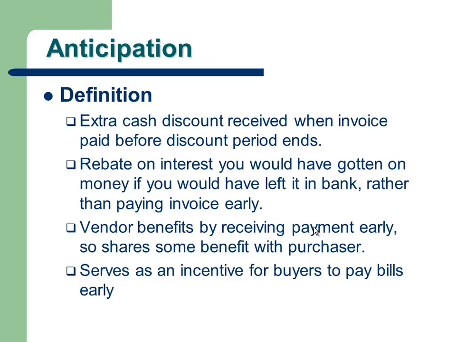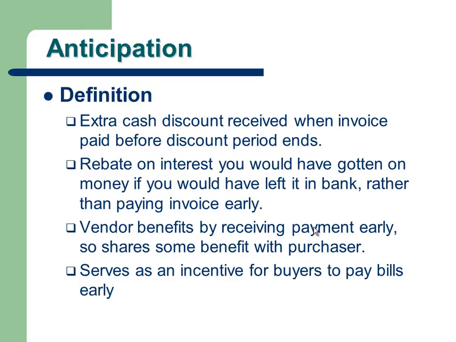So the vendor has the need to get the payment early, although the vendor might have given a long cash discount period and long net amount due. If there are any circumstances where the vendor has to have the money earlier, then they may add an additional rebate on top of the cash discount to lure the buyer to pay early.